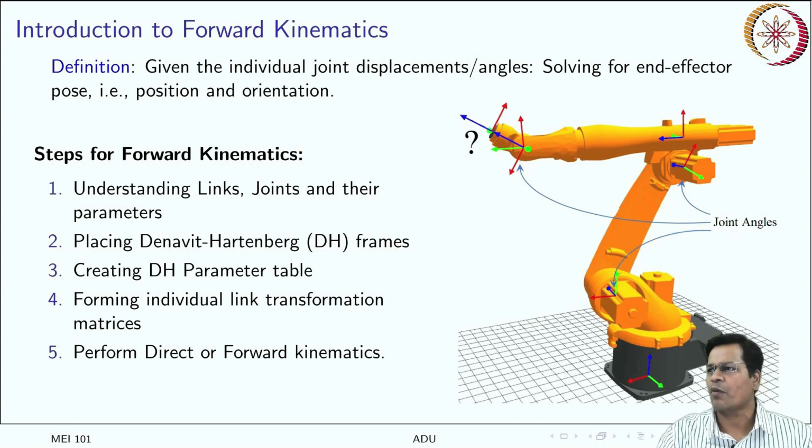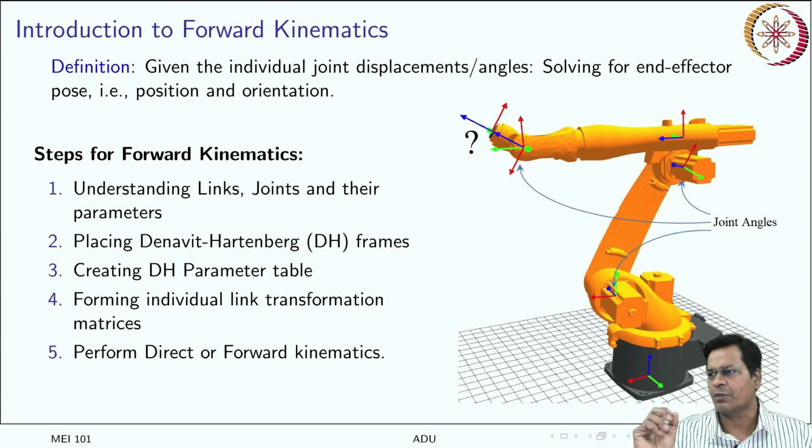The steps for doing forward kinematics are as follows. Initially we will understand the link, joint, and their parameters. We'll try to parameterize the whole of your robot link system so that it is easy to define and relate them using some notation. Those notations are popularly known as DH notations or DH parameters. We'll place DH frames on different joints so as to relate between those joints.